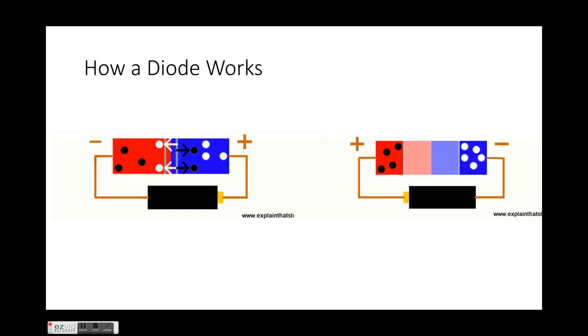First, let's look at how a diode works. You can see from the pictures in front of you two different orientations of a voltage source and a P-type and N-type semiconductor together.